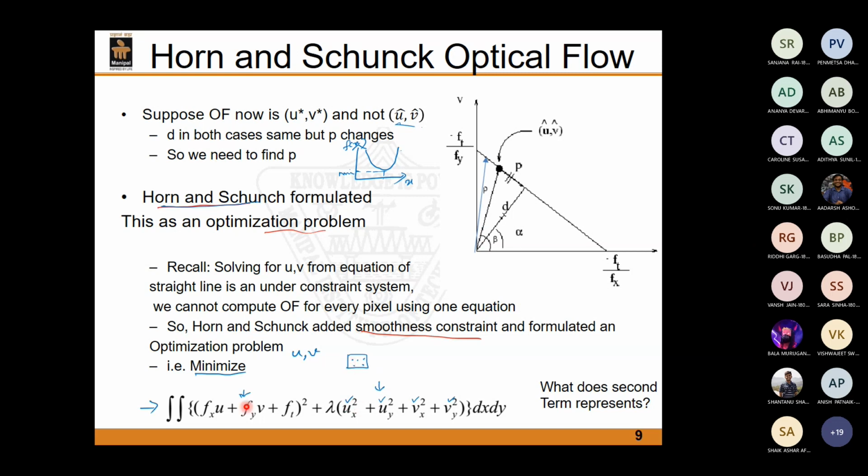The whole problem would be to minimize this particular expression over the values of u and v, and ux square, uy square, etc. stand for the gradient along the x direction and y direction for the optical flow vectors, that is, u and v. So this is where we stopped last time.